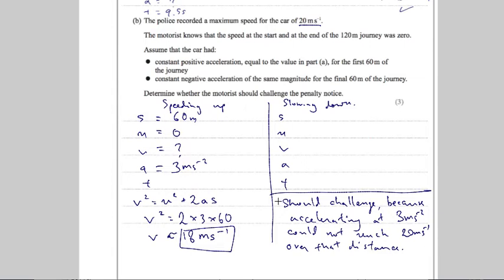Or alternatively, you could say to reach 20 meters per second would need an acceleration greater than the car's maximum value, the car's maximum acceleration. So either of those points would be more than enough to get those marks. Let's keep moving.